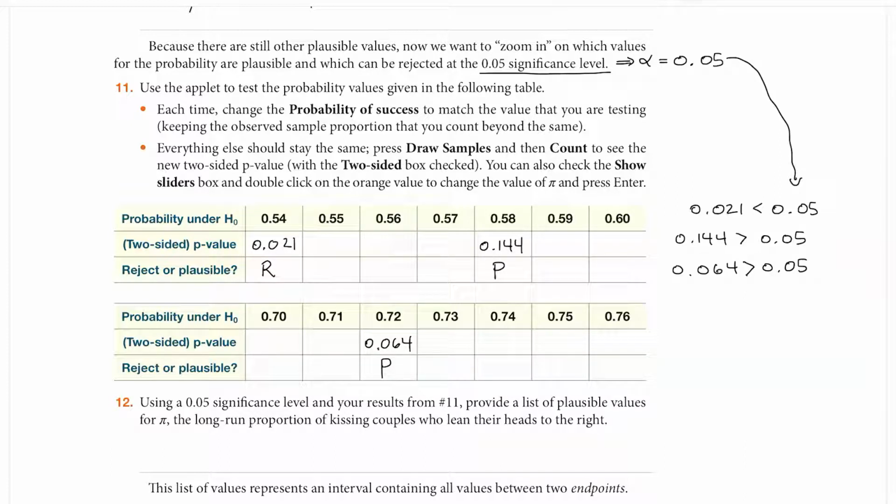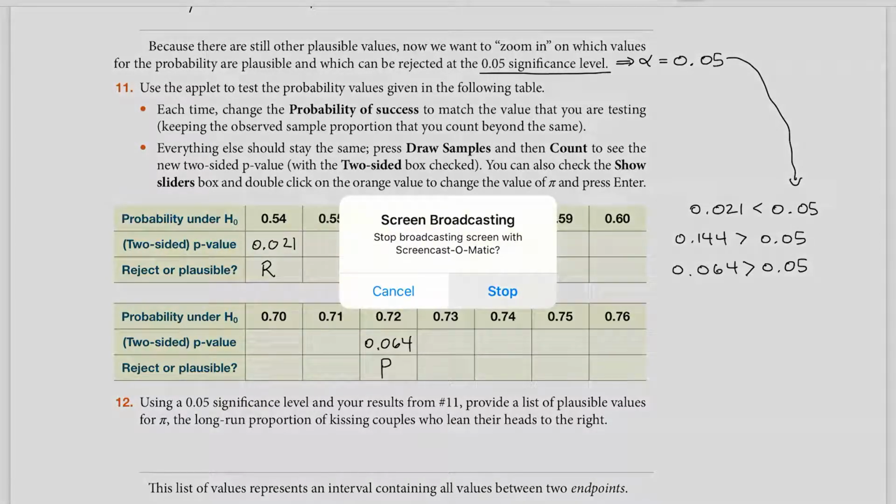That means if I can't reject the null hypothesis, the null hypothesis is plausible. And so 0.72 is a plausible value for pi. So now I'm going to stop this video here, and you're going to continue with the applet and fill in your different p-values and determine whether you have a reject or a plausible.